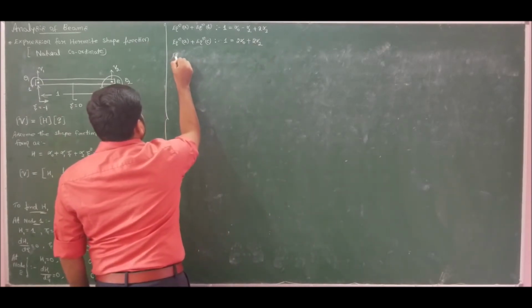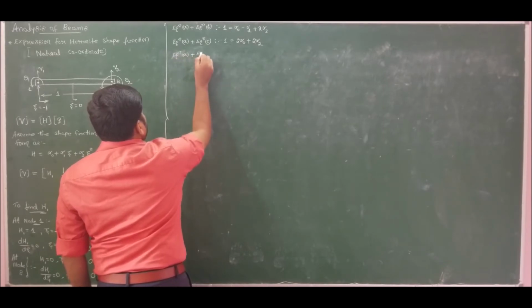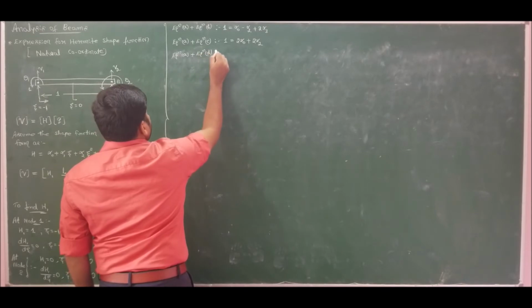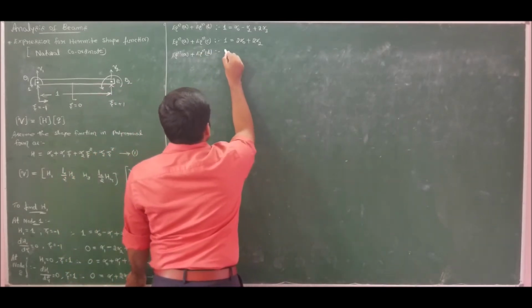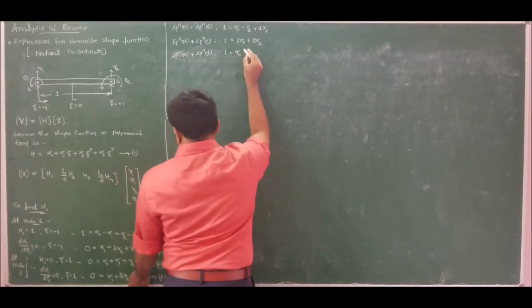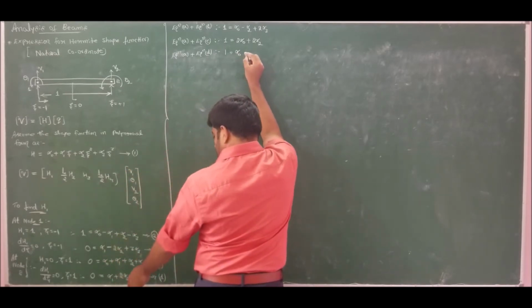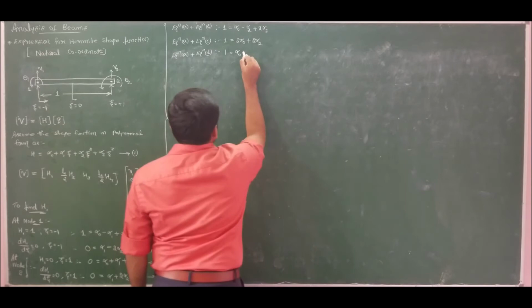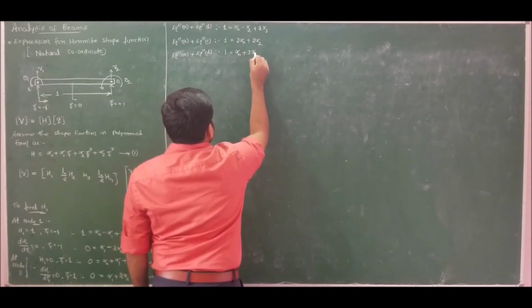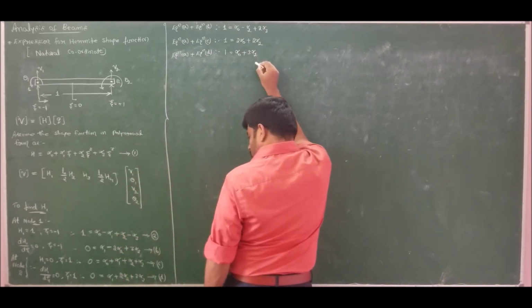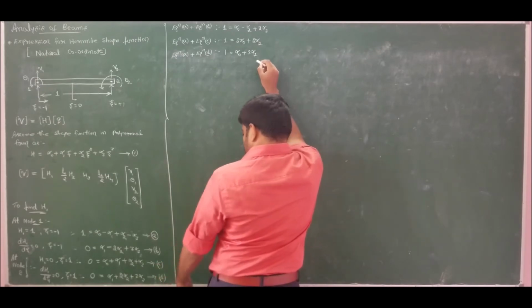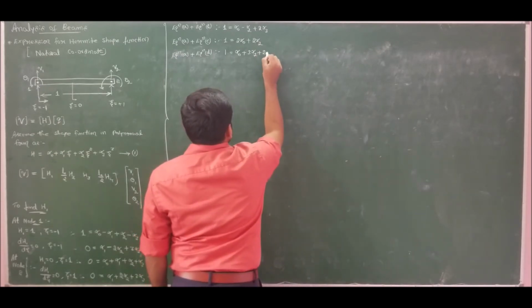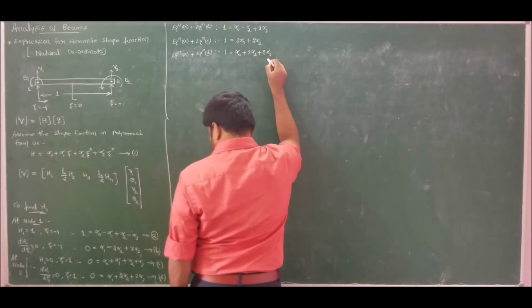Now if I add equation A and equation D, I will get 1 is equal to alpha naught, alpha 1 will get cancelled, 3 alpha 2 plus 3 alpha 2, and we will get 2 alpha 3 plus 2 alpha 3.